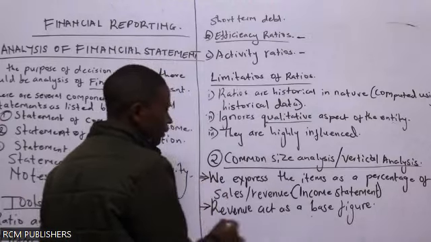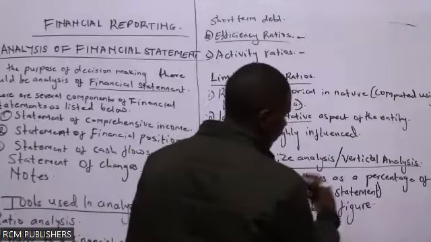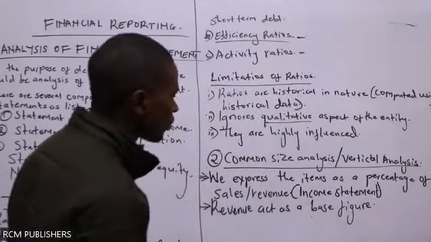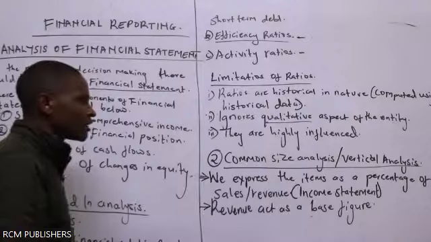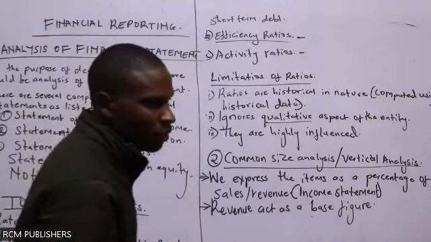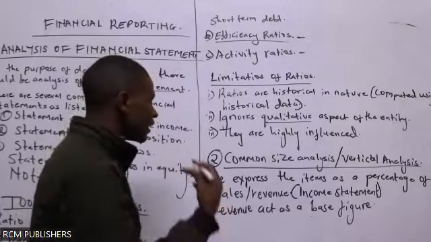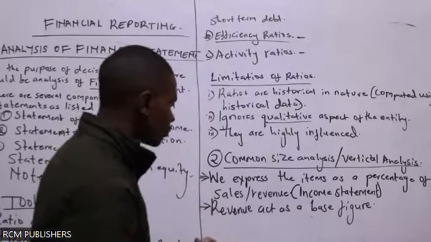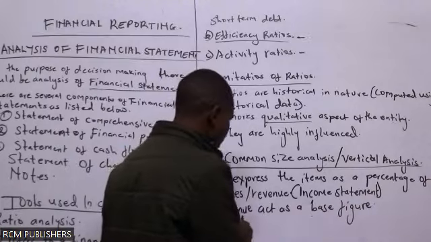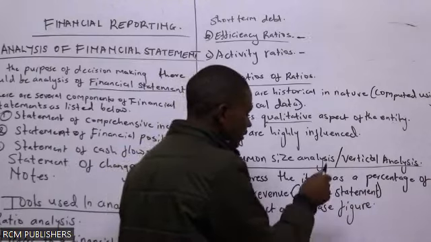In regard to income statement. When we are analyzing the income statement using the common size analysis or vertical analysis, we are trying to express the item as a percentage of sale or revenue.